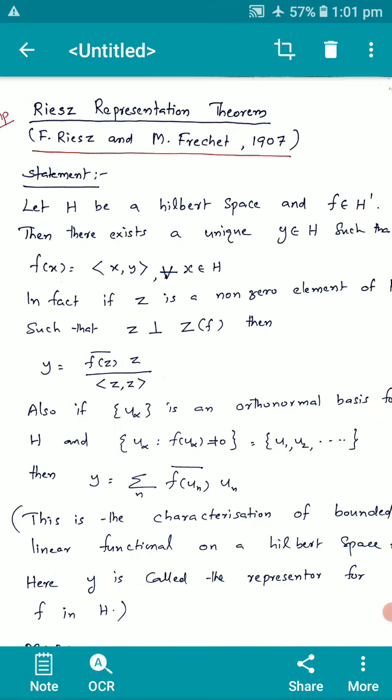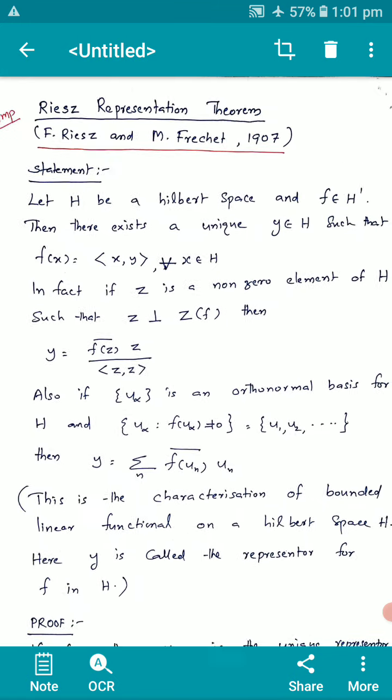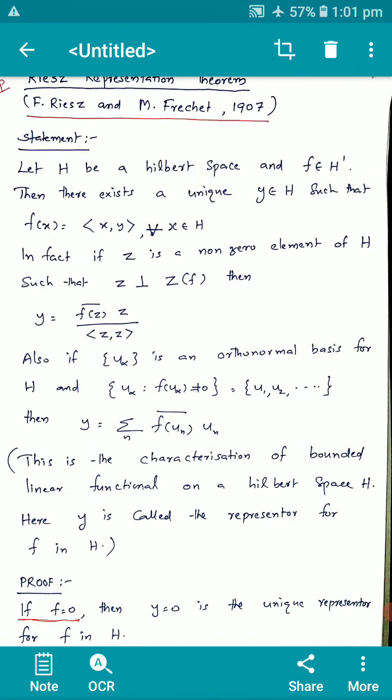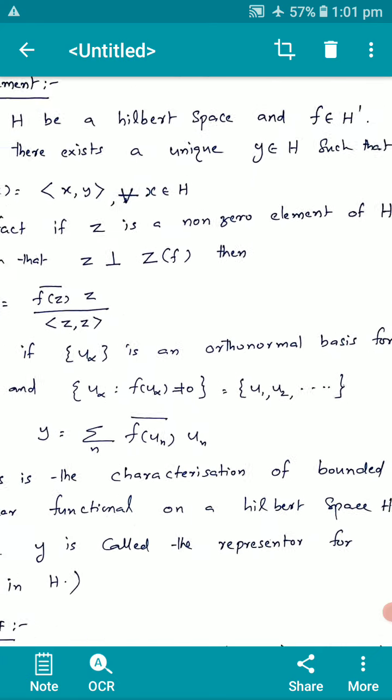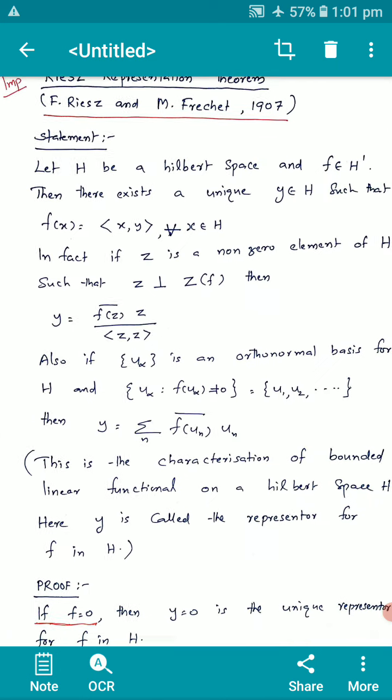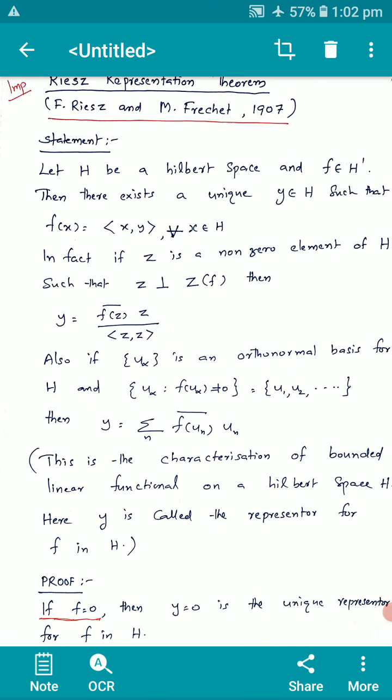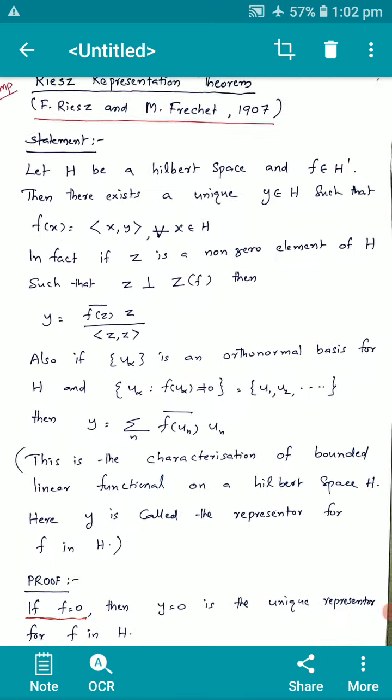The statement is given: let H be a Hilbert space and f in H', then there is a unique y in H such that f(x) equals the inner product of x and y for all x in H. In fact, if z is a non-zero element of H such that z is orthogonal to Z(f), the zero space of f, then this y is given by f(z) bar into z divided by the inner product of z and z.